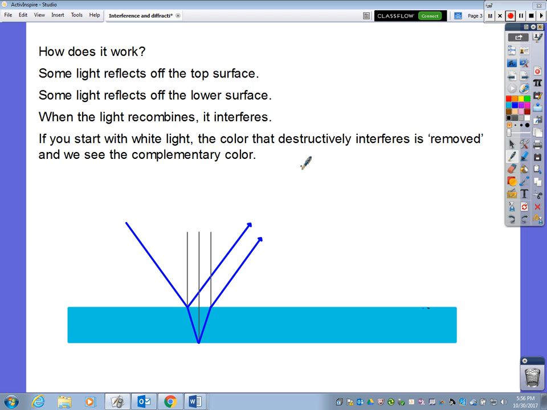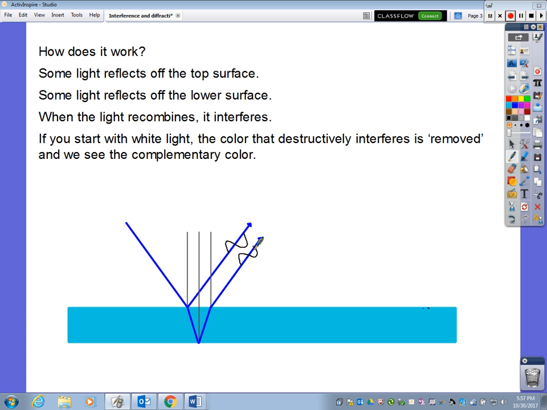But those two rays traveled different paths. This one had a shorter path length. This one had a longer path length. And if the difference in path length is exactly one wavelength, then when it gets up here, this wave's going to look like this, and this wave is going to look like this. They're in phase.